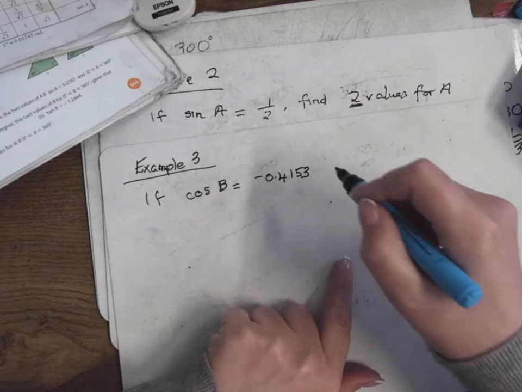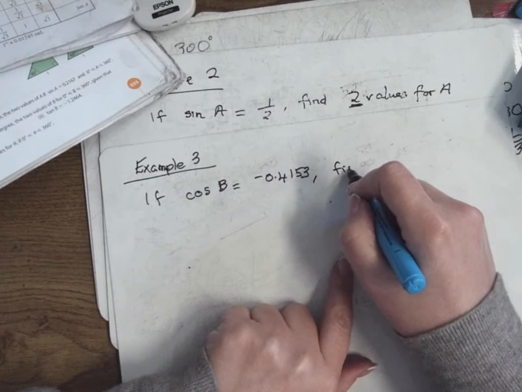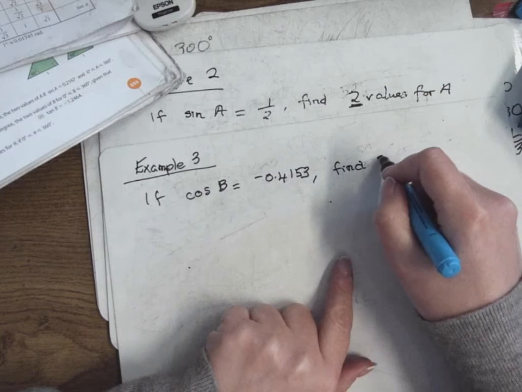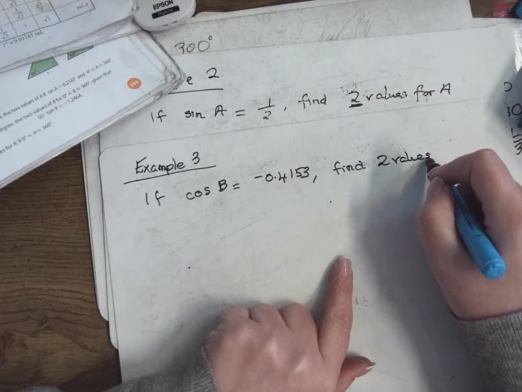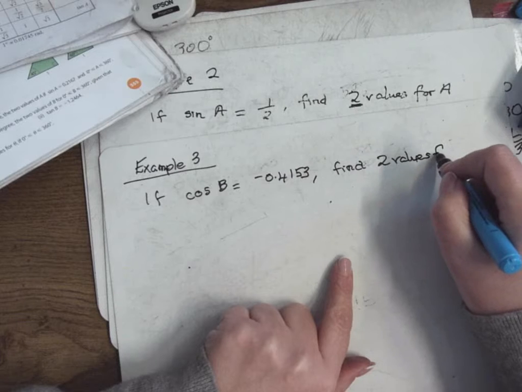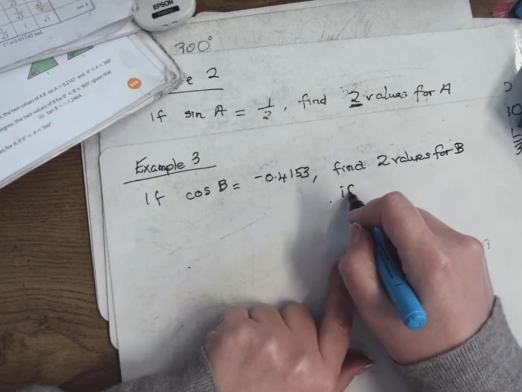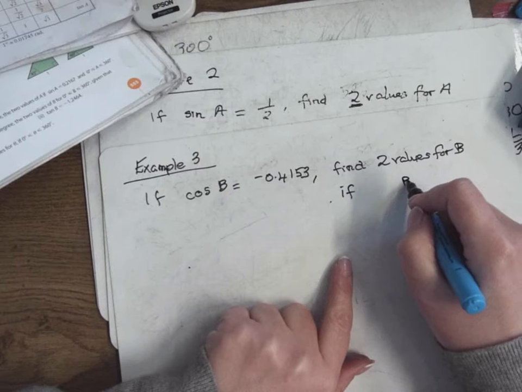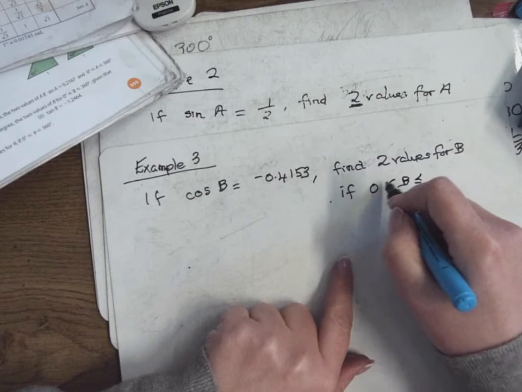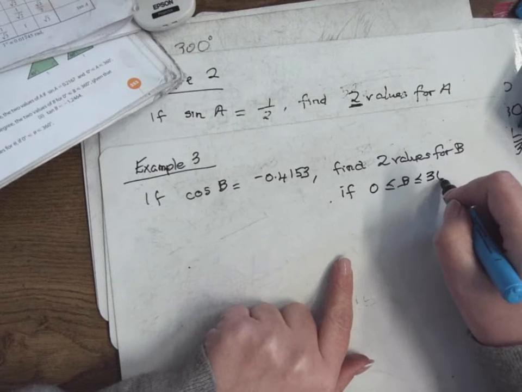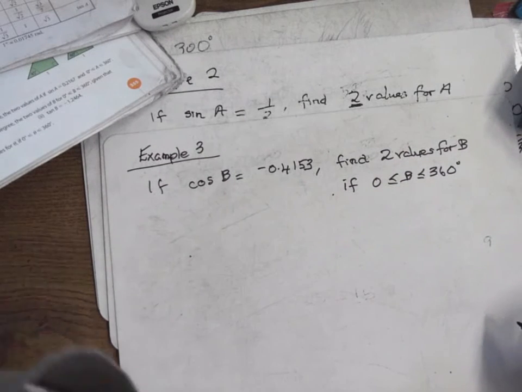Find two values of B, if B is somewhere between 0 and 360. This symbol here just means B is somewhere between 0 and 360.